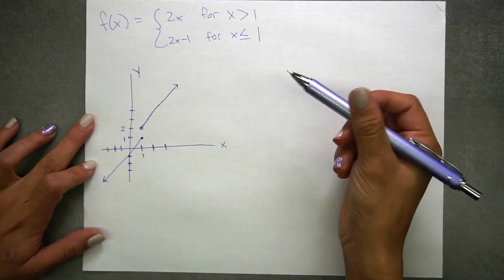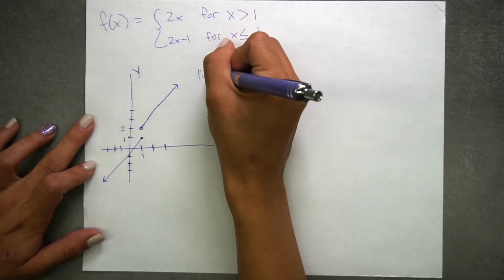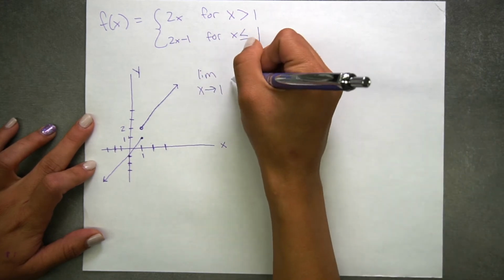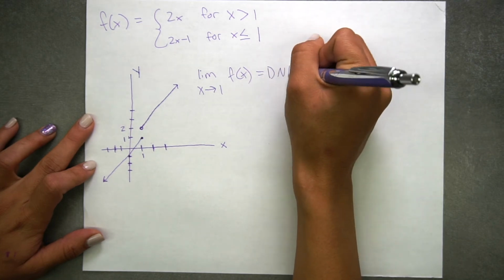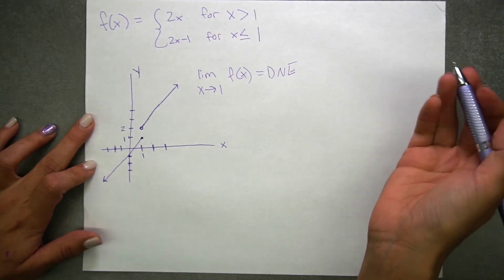So since it's approaching two different values from the left and the right side, we say the limit as x approaches 1 of our function does not exist. We can't say which one.